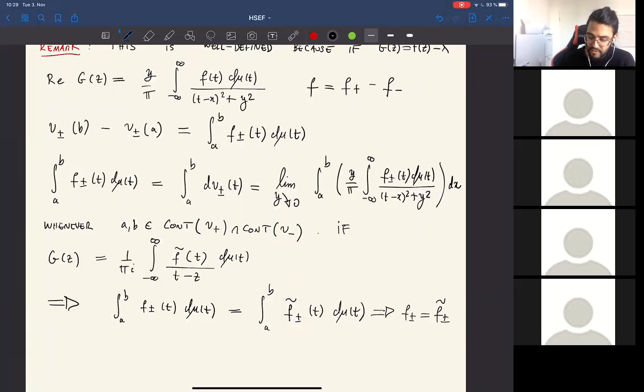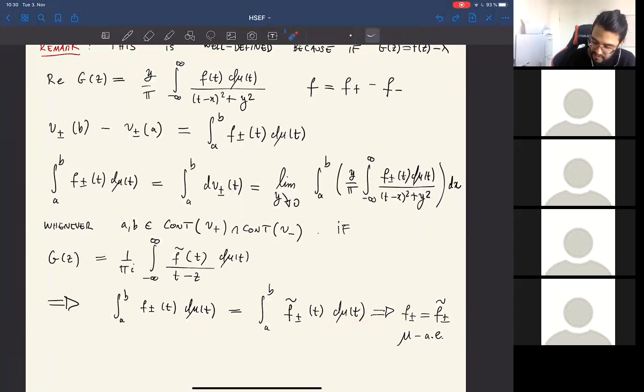Okay, for each plus and each minus, but mu almost everywhere, because since we're multiplying by this measure mu, we have to be careful with that. But that's basically all we can ask, because we always have this measure here.